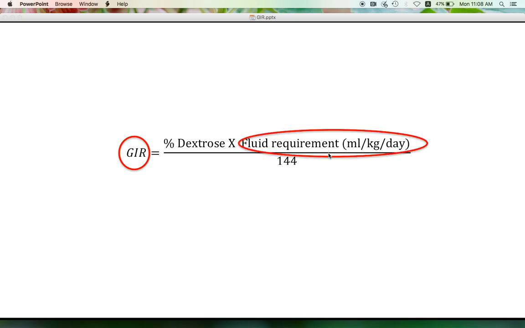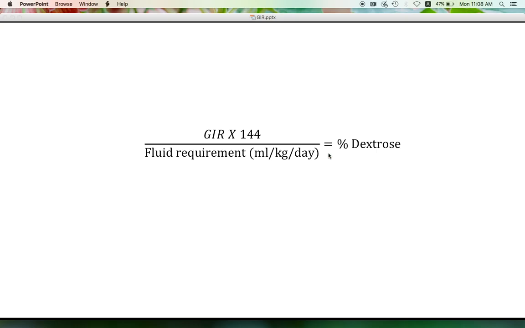The second component, the fluid requirement, is also known to us. So if we fill in these parameters, the equation can be rewritten as GIR times 144 divided by TFR, or total fluid requirement, which is equal to the percentage of dextrose. Now if you fill in all these parameters, you will get your desired percentage of dextrose.